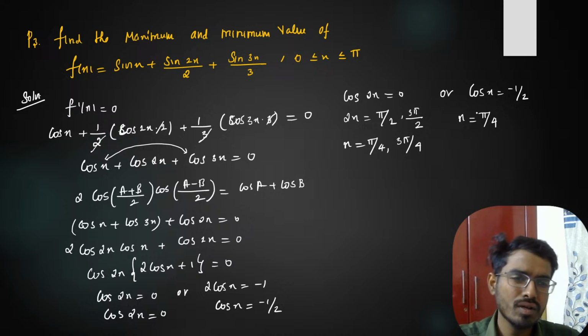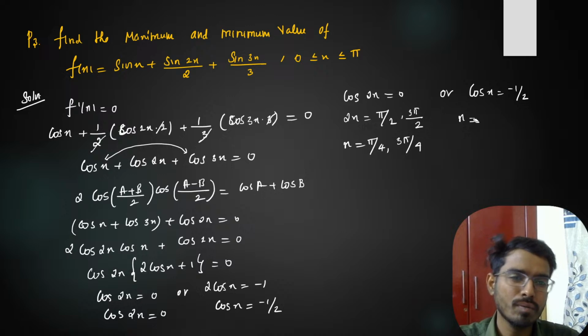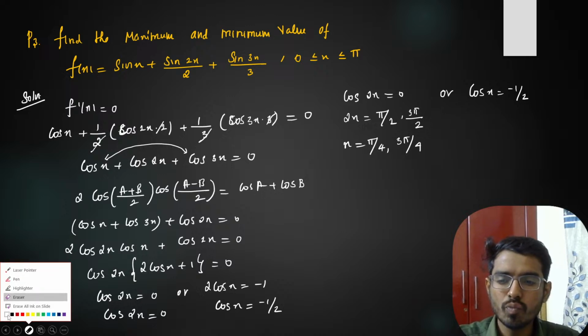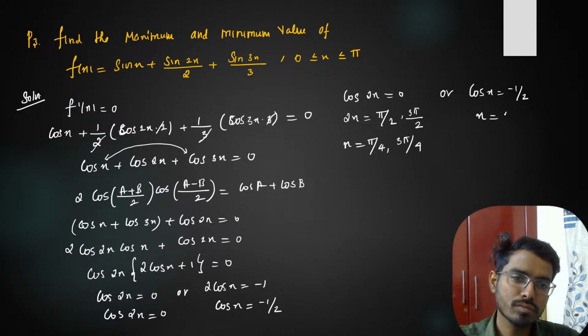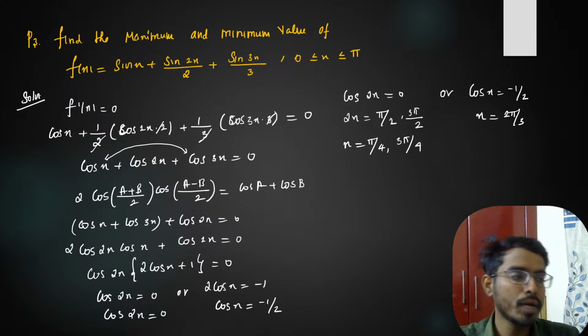I think it is 2 pi by 3, that is pi minus pi by 3. So pi minus, the second quadrant, so minus cos pi by 3, cos 60, yes. So this gives x equal to 2 pi by 3.